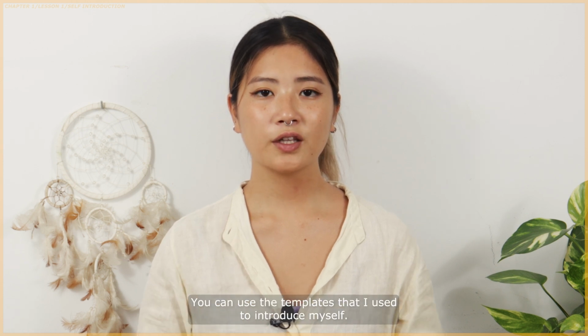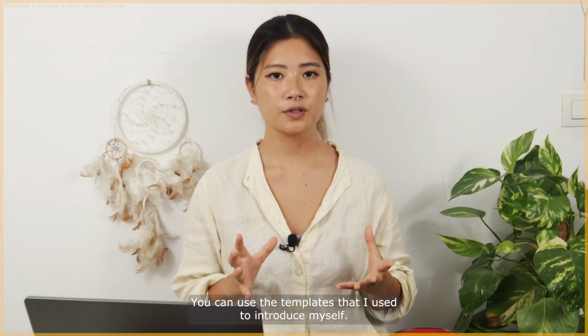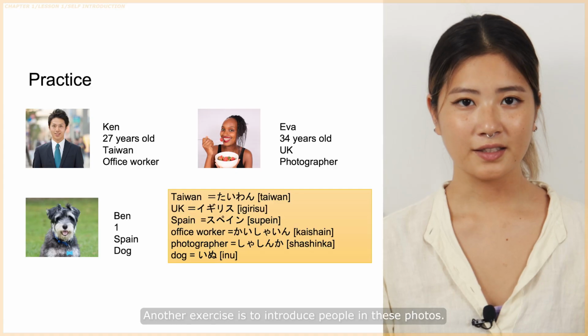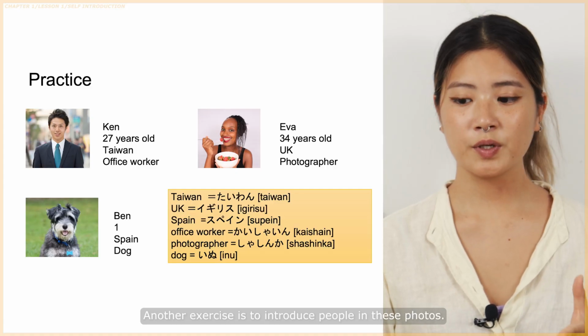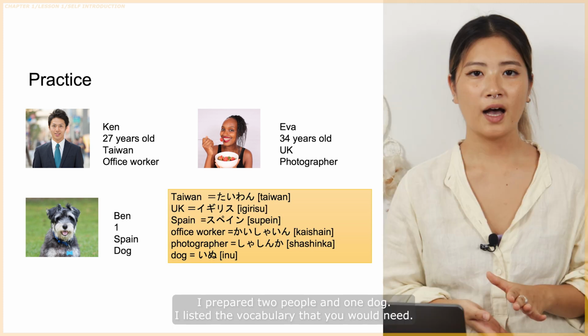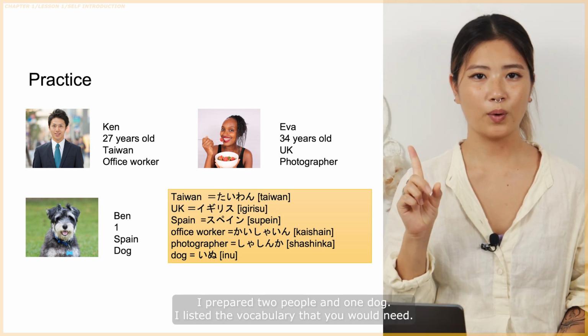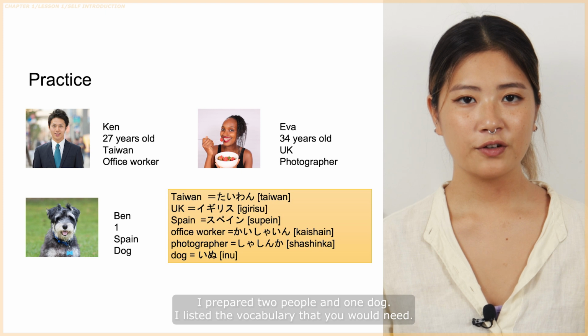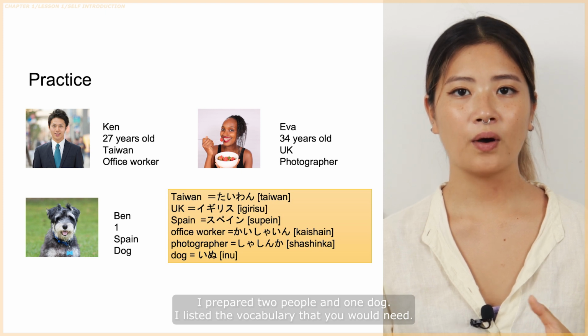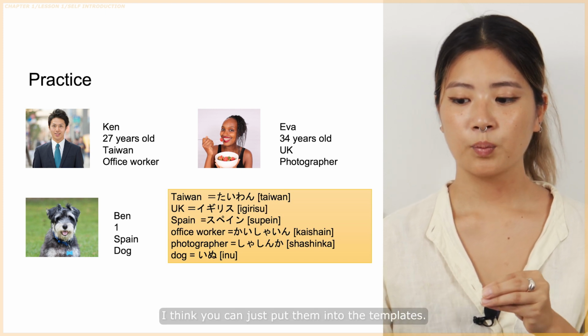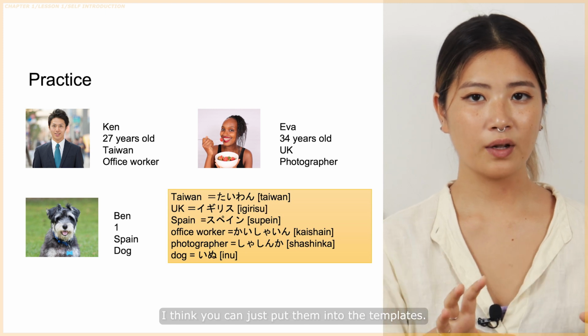One is of course to introduce yourself. You can use the templates that I used to introduce myself. Another exercise is to introduce people in these photos. I prepared 2 people and 1 dog. I listed the vocabulary that you will need, so I think you can just put them into the templates.